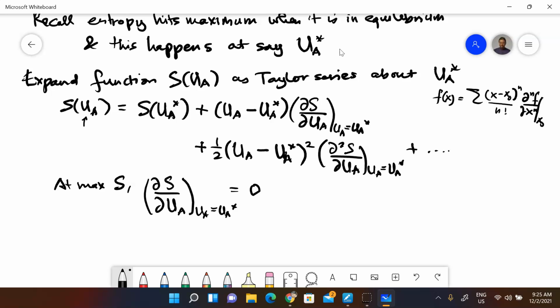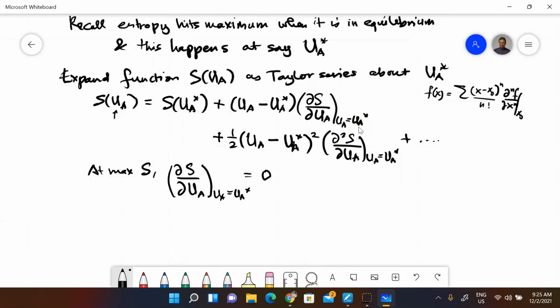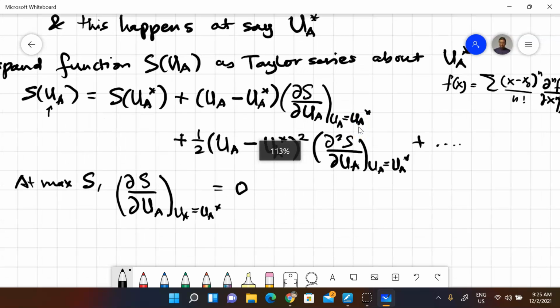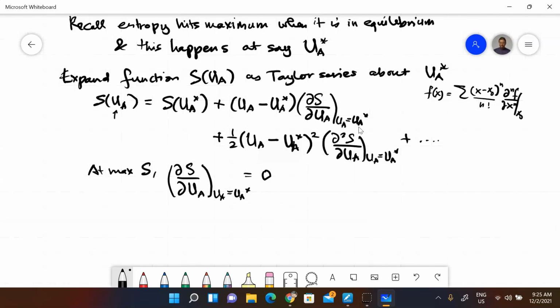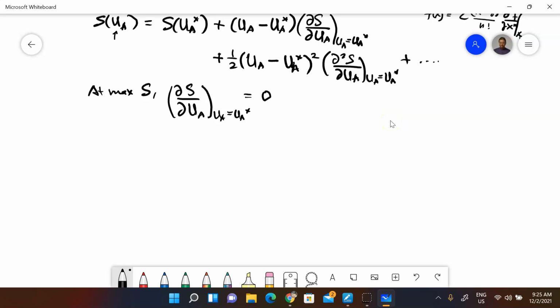So that's why we need to keep the second order term. And the second order term involves the second derivative, so I'm going to write the second derivative in terms of these dashes.